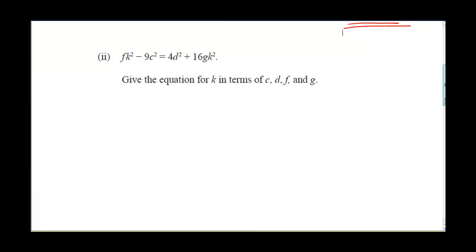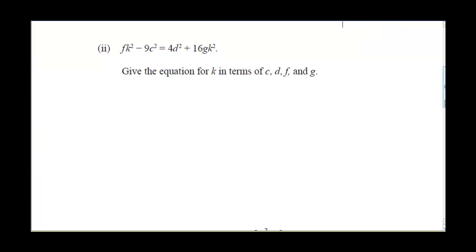Now we have another question which says give the equation for K in terms of C, D, F, and G. In order to solve this question, we are going to make K the subject of the formula. Now we are going to collect like terms. So the first thing you do is collect your like terms, keeping all the K on one side and ensuring that anything that does not have K stays on the other side.